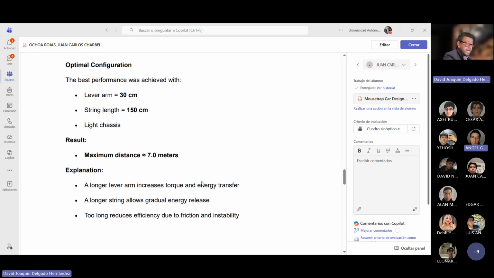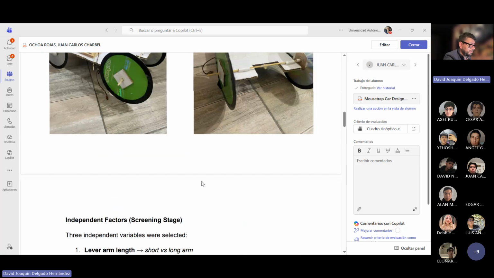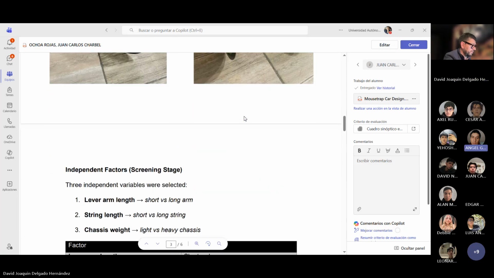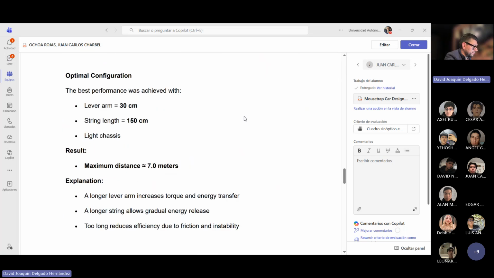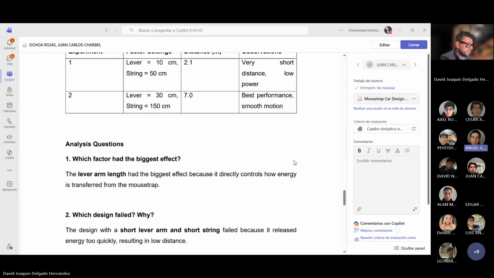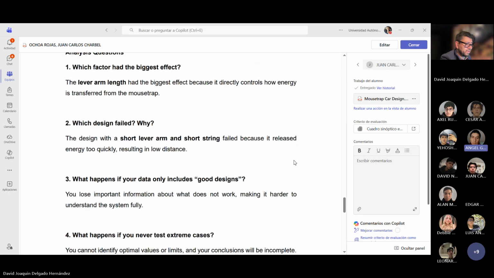Yes, more or less. Did you try it? This is the optimal design, right? That's not the final design. Let me see. We have a video actually. Is it here in Teams? No, I think my classmate Debbie didn't share the video with us.